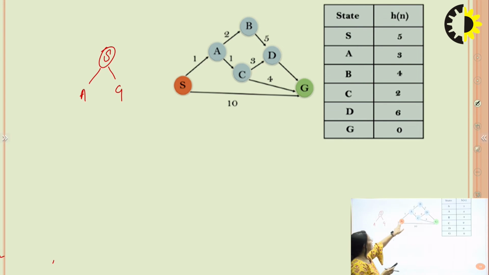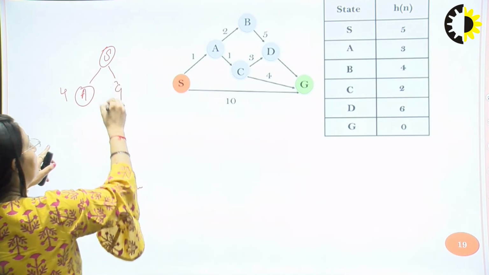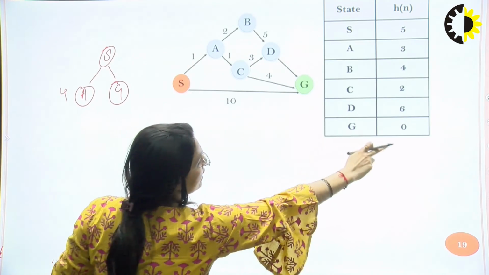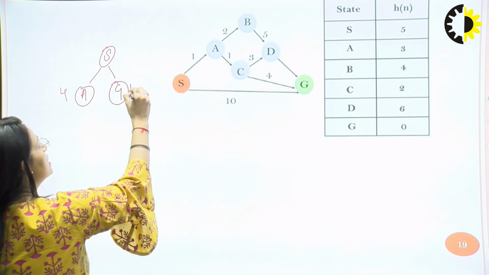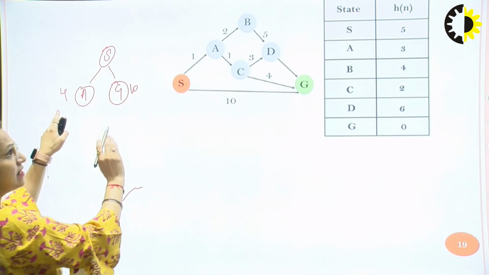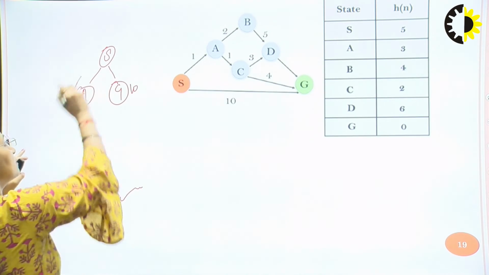So if my Gn is 1 and my Hn, that means A to G path, is 3, this makes a sum of 4. That means the Fn value is 4 here. And in the case of G, my Gn is 10 and G to G is 0, so the Fn is equal to 10. Out of 4 and 10, as 4 is lesser, I'll choose this path.